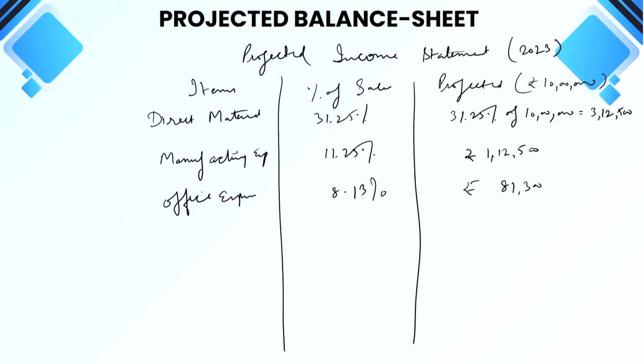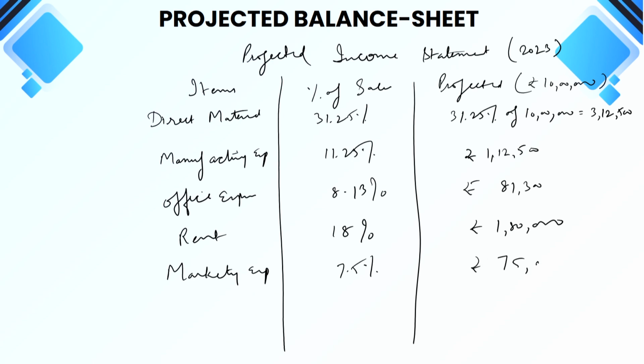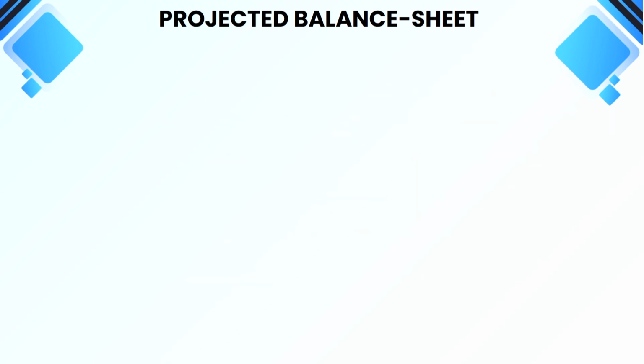It is just an approximate figure. So we have the rent, 18%, comes to rupees 1,80,000. Then we have the marketing expenses, 7.5% means it comes to rupees 75,000. Now we treat the depreciation.